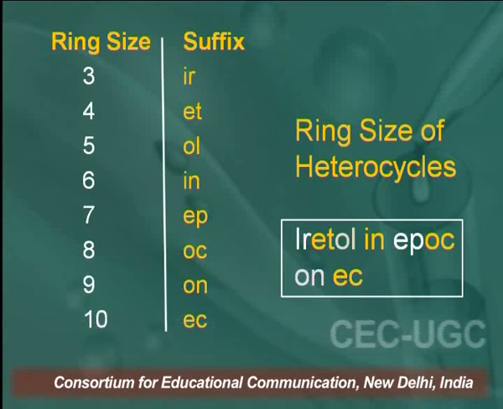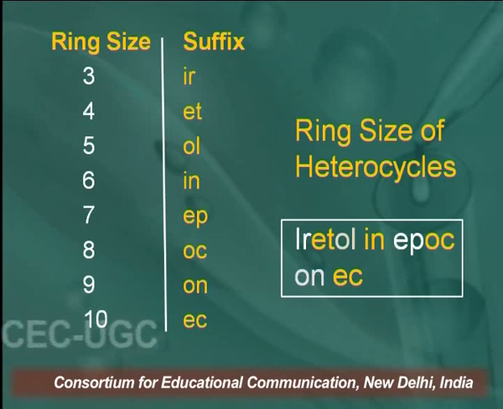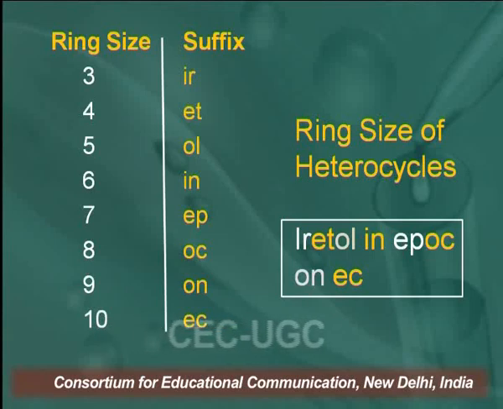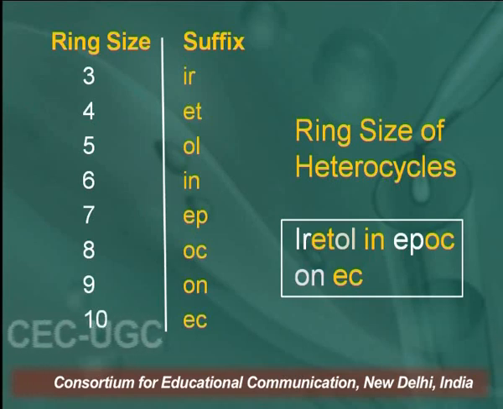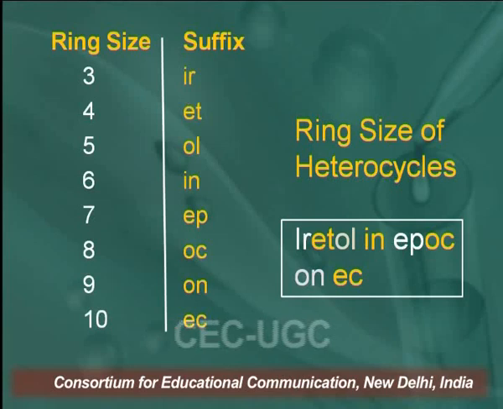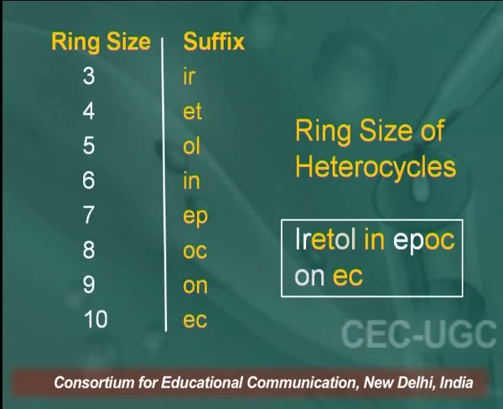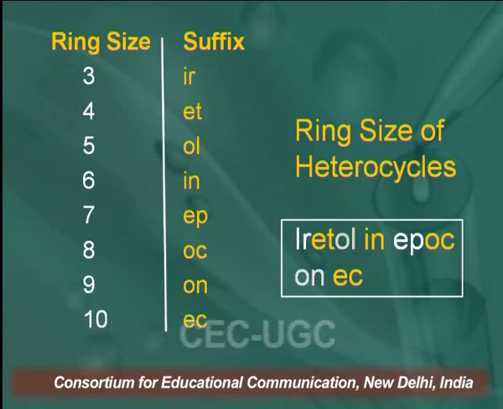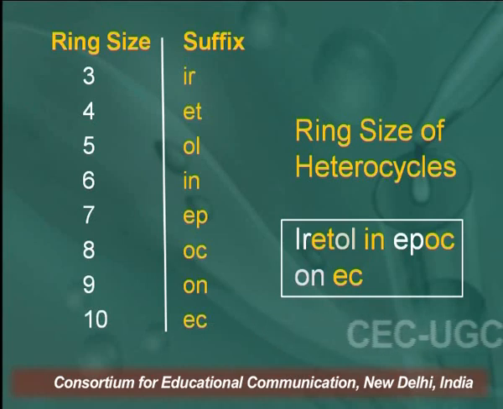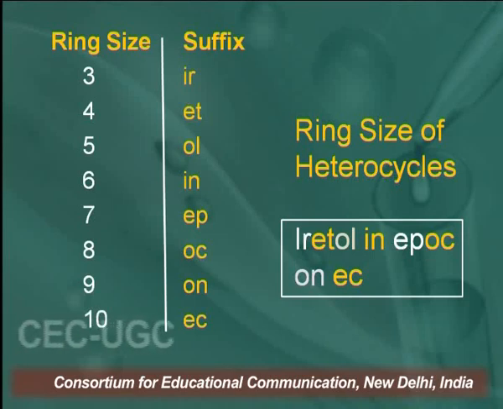If the ring size is 4, the suffix will be et, E-T. If the ring size is 5, the suffix will be ol, O-L. If the ring size is 6, the suffix will be in, I-N. If the heterocyclic ring is 7-membered, the suffix will be ep, E-P. And if the ring is 8-membered, the suffix will be oc, O-C.